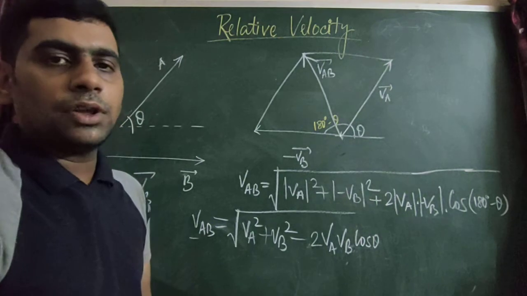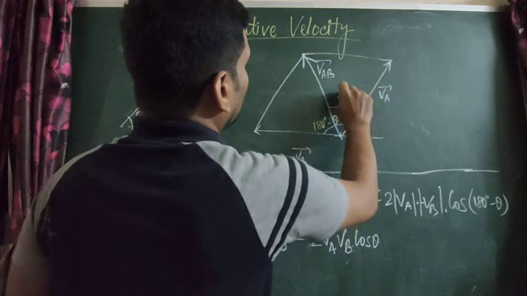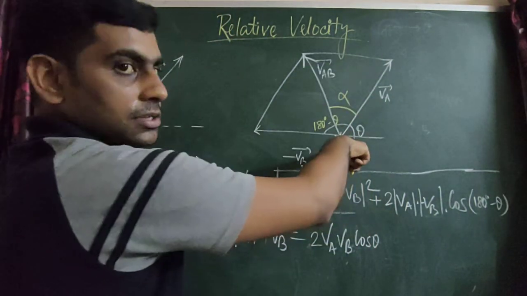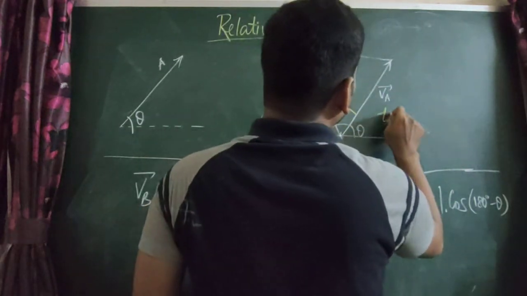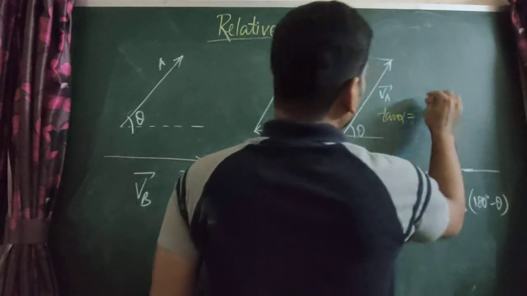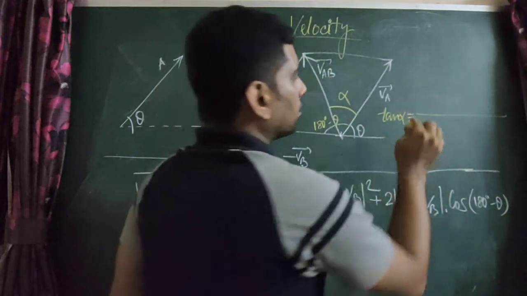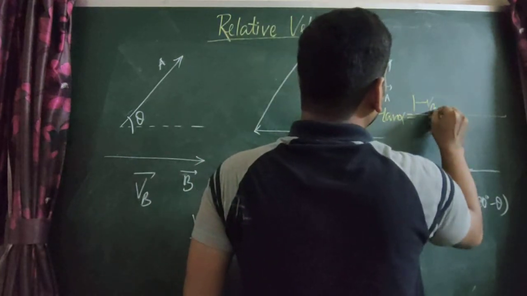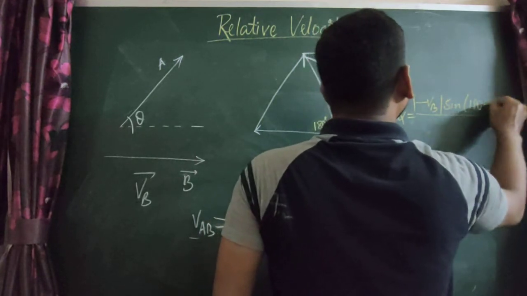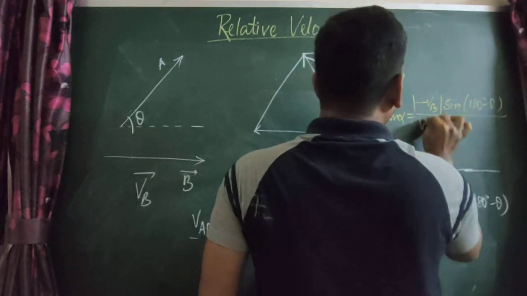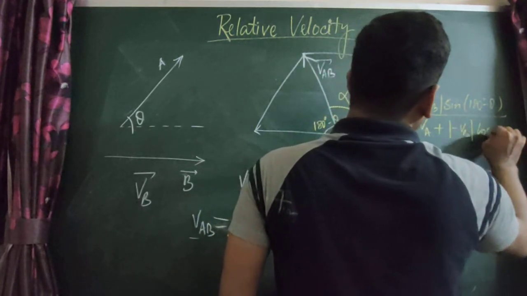Now in order to find the direction, suppose the relative velocity VAB makes an angle alpha with VA. Then tan alpha equals B sin theta by A plus B cos theta, so mod of VB sin 180 minus theta by VA plus mod of minus VB cos 180 minus theta.